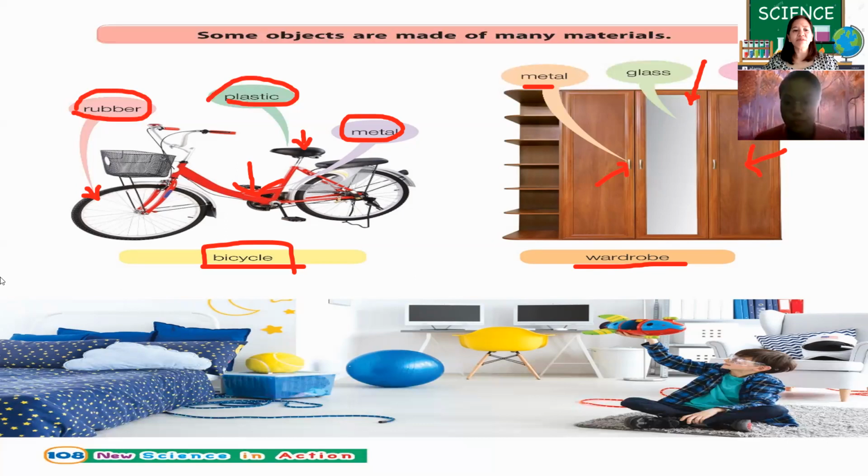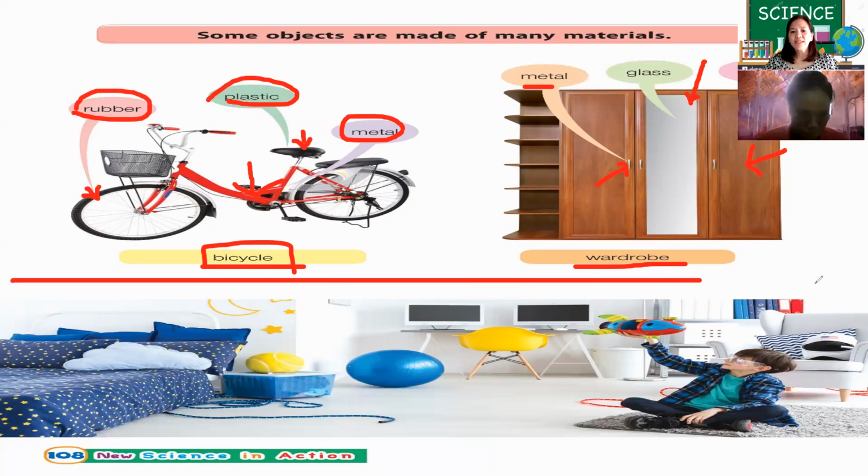And in your bedroom, just like this part, this is the bedroom of the boy. What are the materials that we can see in this bedroom? Look at the bed. The cover of the bed is made of fabric, right, teacher? Fabric. How about you, teacher?